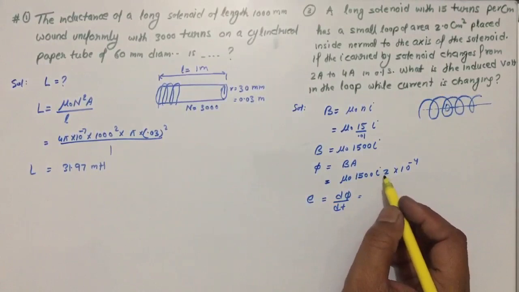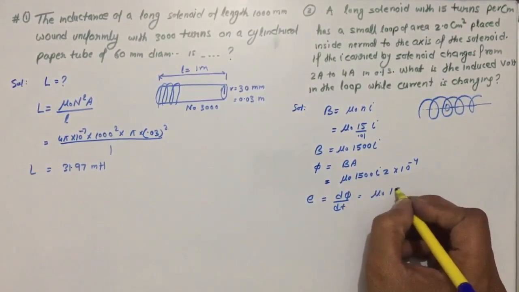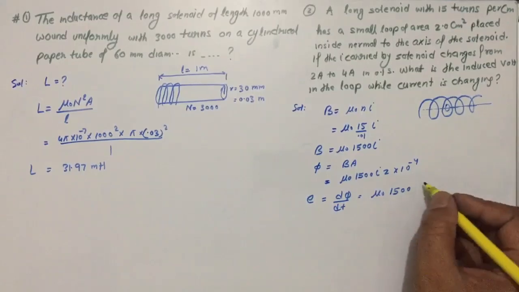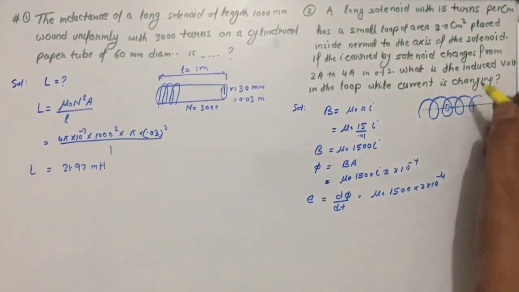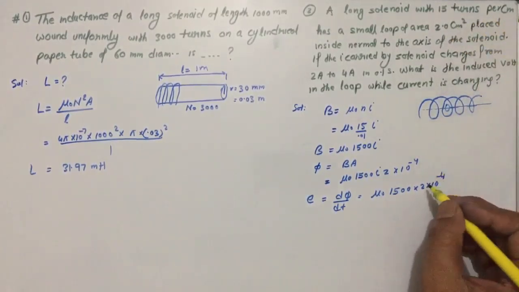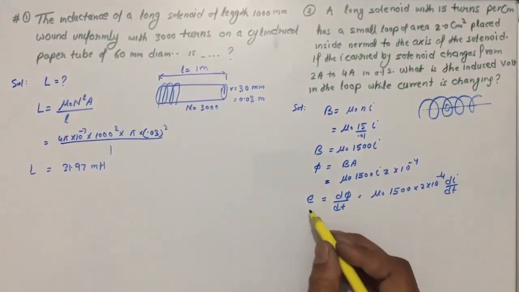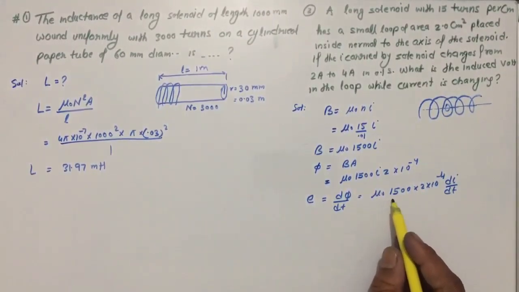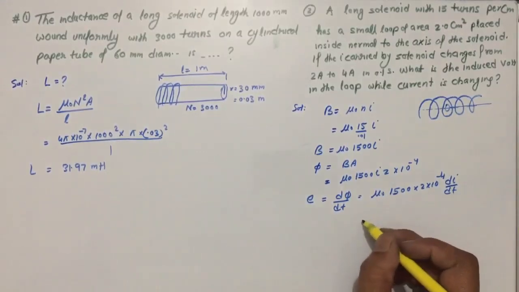So mu naught is constant, 1500 is constant, into 2 into 10 to power minus 4, that will be area as it is given 2 centimeter square. And the remaining term is I, so di over dt is left. So E can be written as mu naught 1500 into 2 into 10 to power minus 4 di over dt.